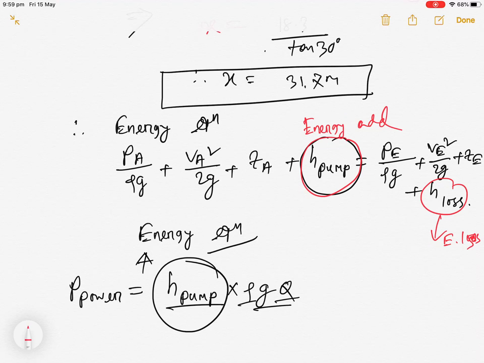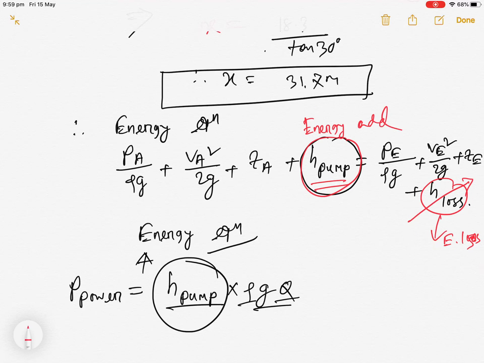For this system, we have no energy loss at the exit of the nozzle, so we can say this head loss equals 0. And then we will have the expression like this.